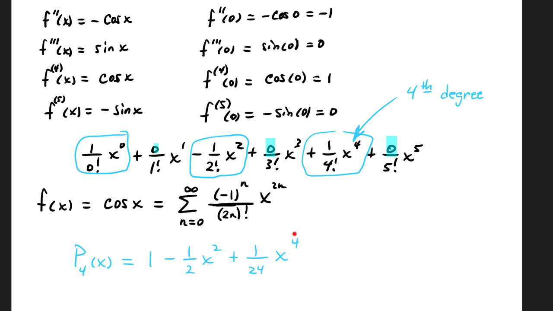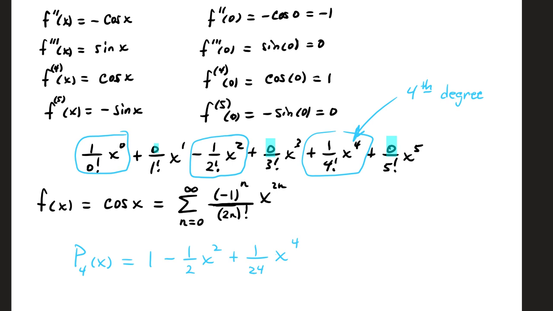That highest power, that's the degree. So this is a polynomial of degree 4 with a variable x, so p sub 4 of x. Take the value from each of those blue boxes, rewrite them. This is a 4th degree polynomial representation of a trig function, cosine x.